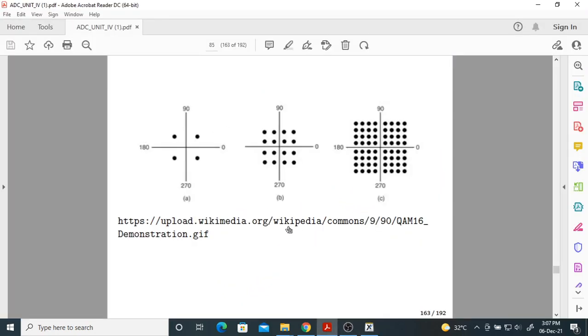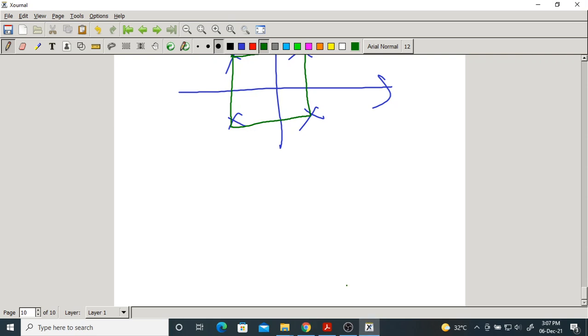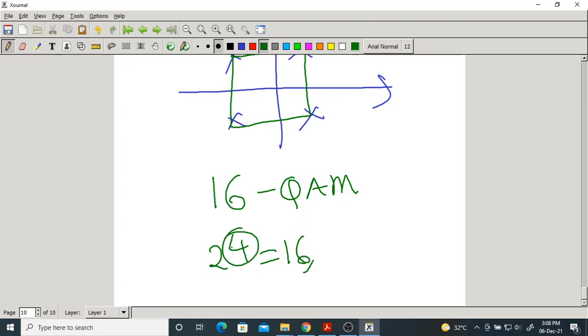Now here you can see, this is the 16 QAM, where each and every point has a different phase and different amplitude. So the phase as well as amplitude will be varied. Now I also used the notation of bits. 16 QAM means how many bits per symbol? 2 power 4 equal to 16, which means 4 bits per symbol.